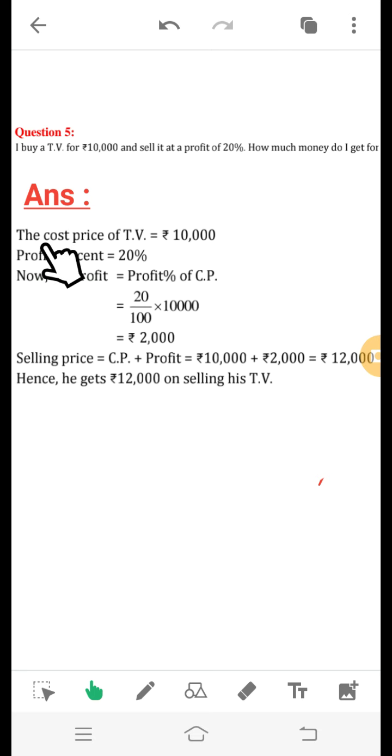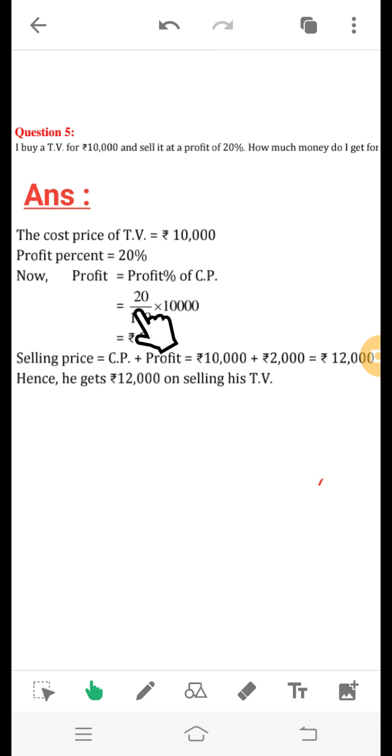In that case, the cost price of the TV is given, it's rupees 10,000. Here the profit percentage is given, it's 20%. Now profit is equal to profit percentage of CP.